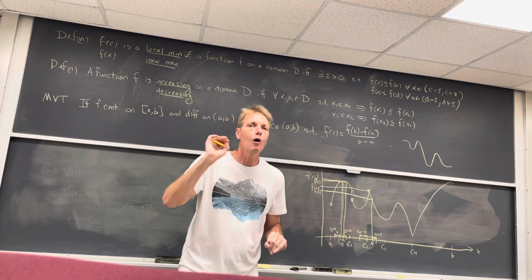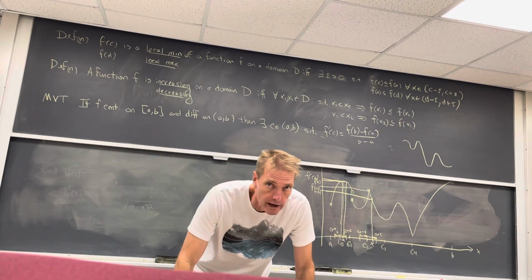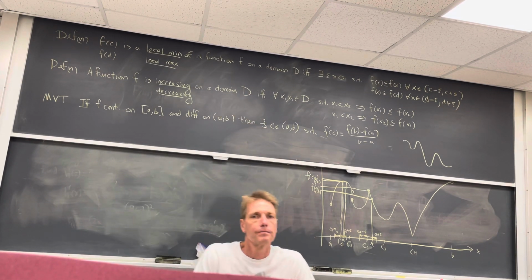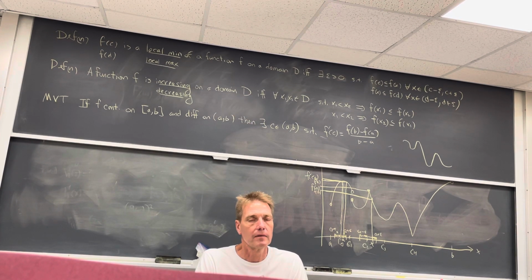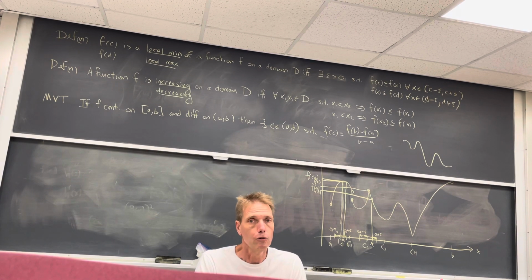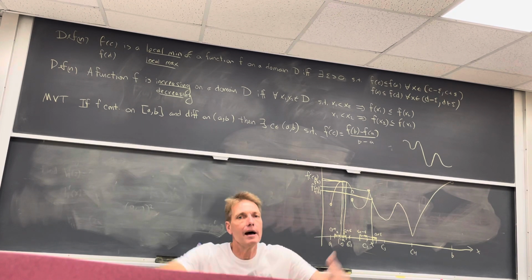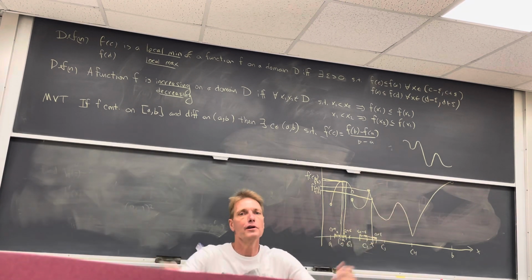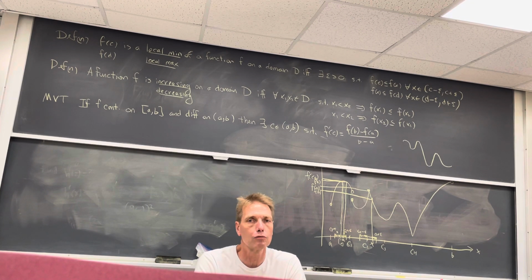But the biggest result that we're going for, let me give you a hint where we're going. There's an amazing theorem that we're going to end up proving, because math is proof, that says that a global max, and you've got to imagine that's the thing we're looking for. We're looking for the Usain Bolt. Okay, we're hoping to find the Usain Bolt.